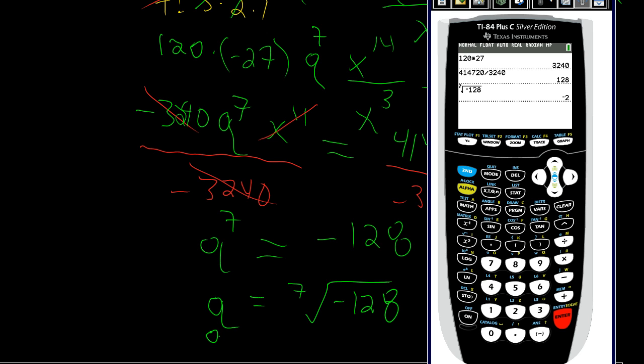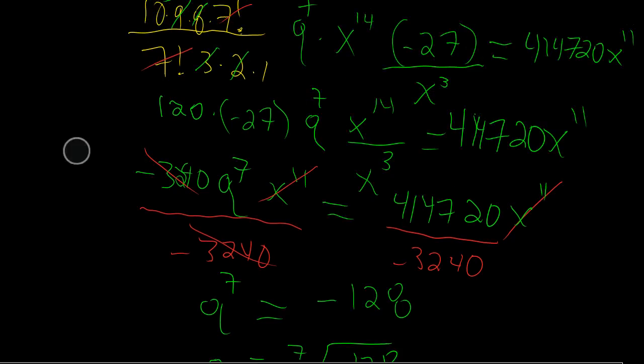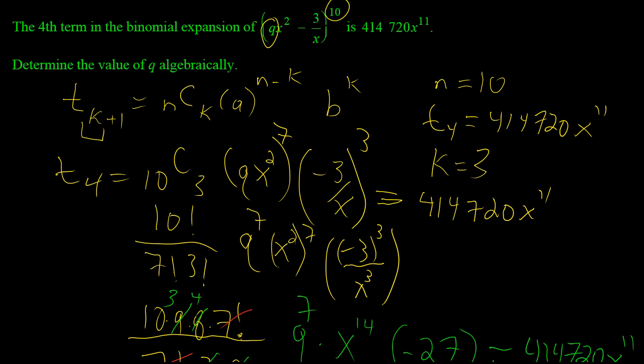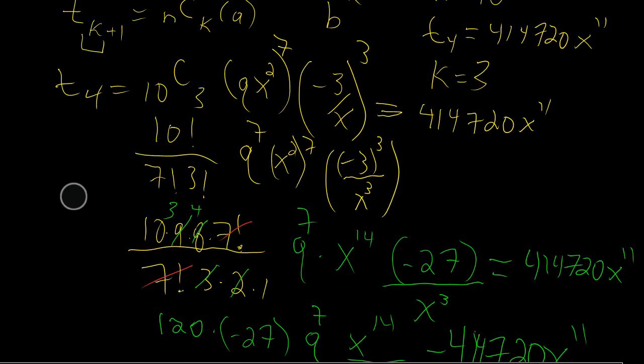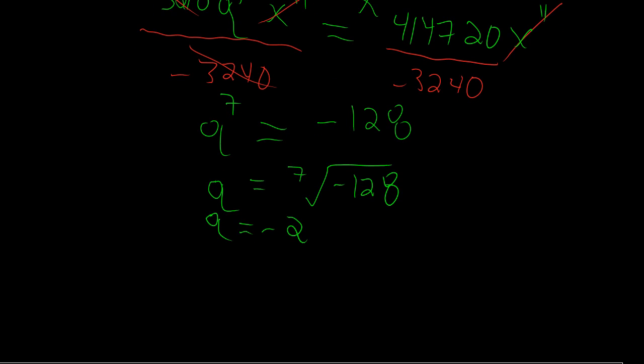So q equals negative 2. Now, this question has been so long, I forgot what q even means. So let's go up and see. Oh, okay, so it's just really q. Yeah, q can be negative because it's just the coefficient on the x squared. So determine q algebraically. We did all that. It took a while, but q is negative 2.